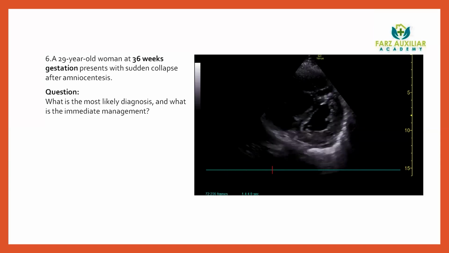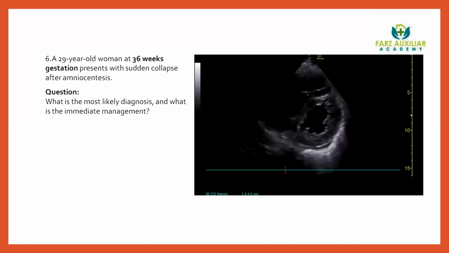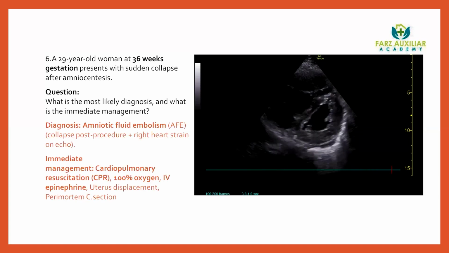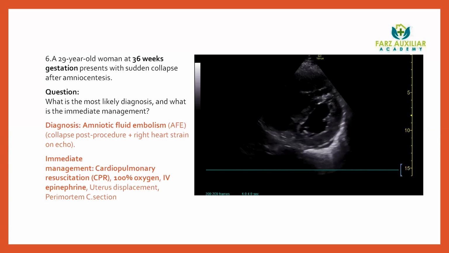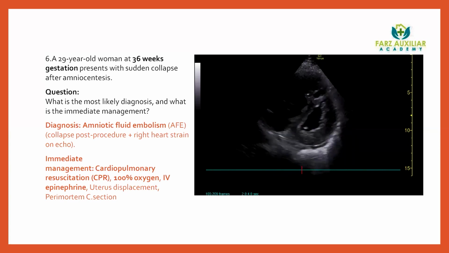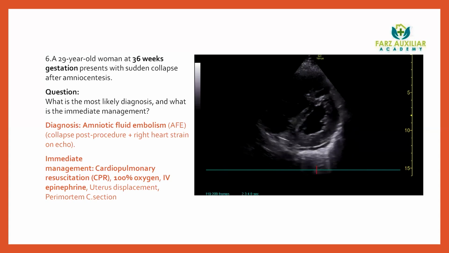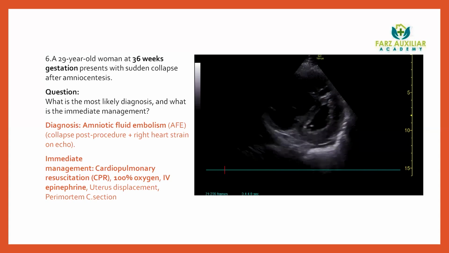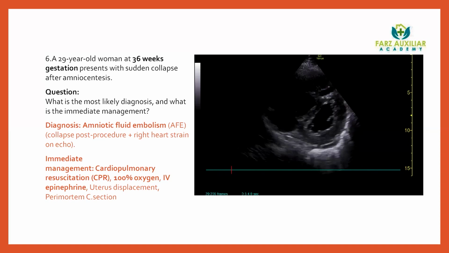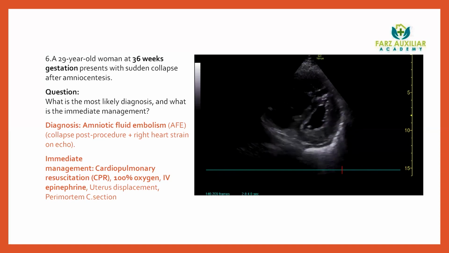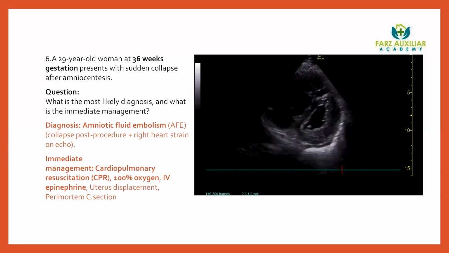I would be surprised if the patient is still having a circulation going. Maybe she got arrested. She might need CPR and the rest, whatever Christina mentioned, focusing on supportive management. And if you were in the last class when we discussed the amniotic embolism case, we should be focusing on uterine displacement during the resuscitation and think about perimortem C-section, and even ECMO if it's available.